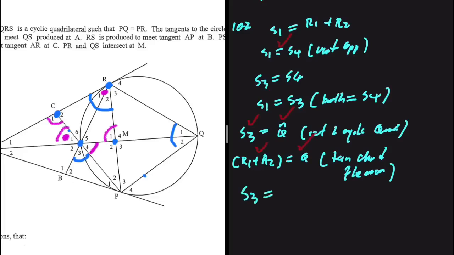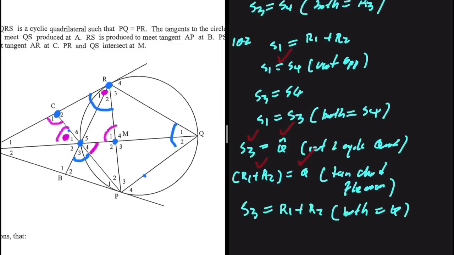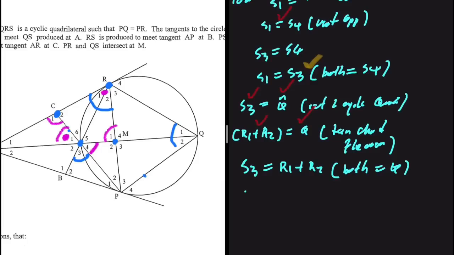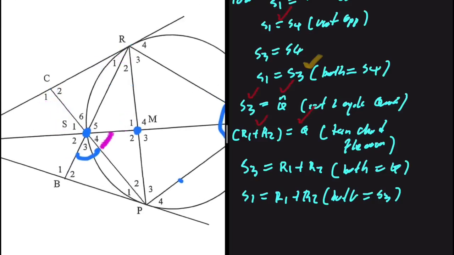S3 is equal to R1 plus R2 as they are both equal to Q. What we are required to prove is that S1 is equal to R1 plus R2. But we have proved that S1 is equal to S3. So now we're going to say that S1 is equal to R1 plus R2, because both of them are equal to S3. Like I said at the start of the question, we are writing angles in terms of each other. There's no value in this question. Let me just erase for the sake of clarity.